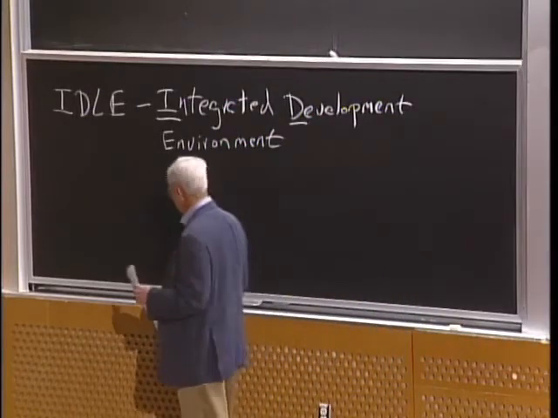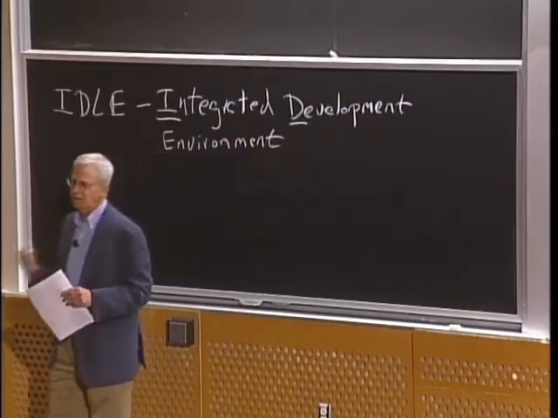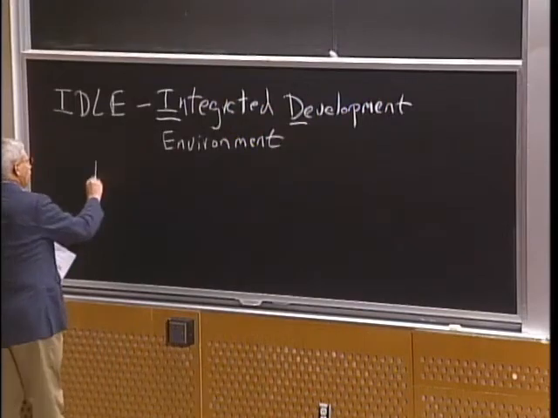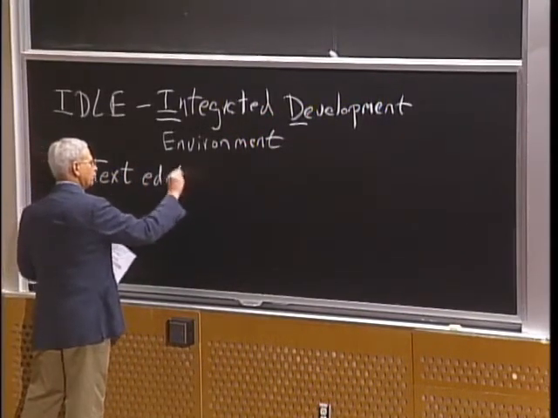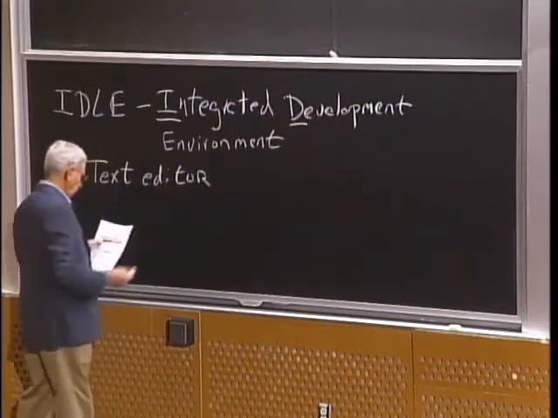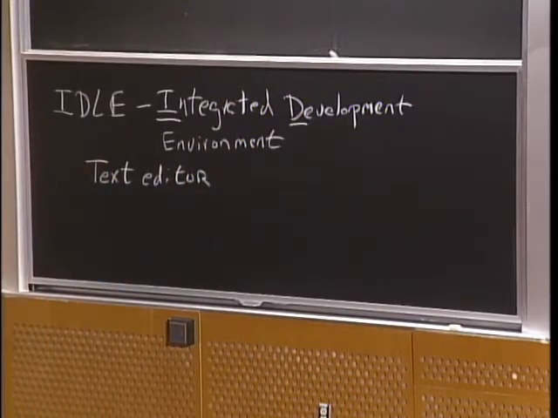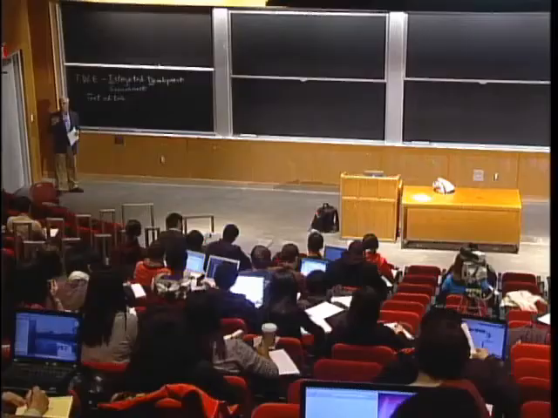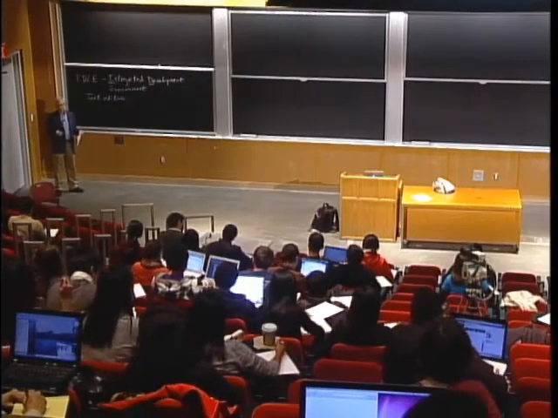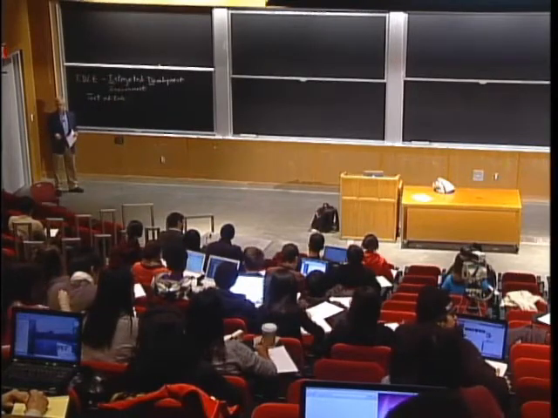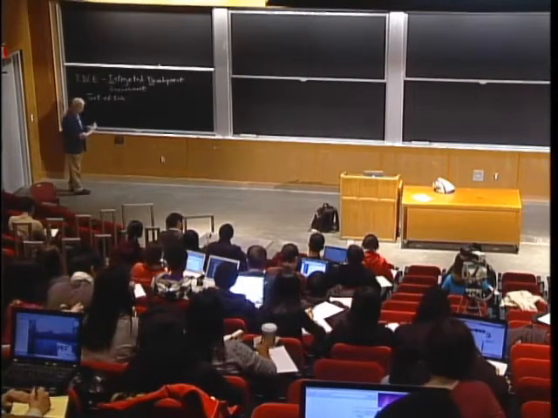So what is an integrated programming environment? In this case, it includes a specialized text editor that provides highlighting, auto-completion, smart indent, and you'll see shortly why that's very important, and a few other amenities that make it easier to type Python than typing it into a generic text editor.